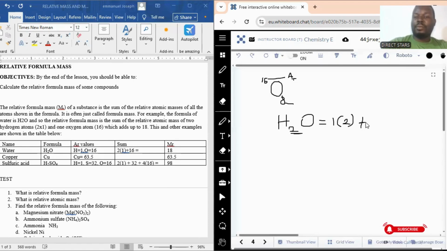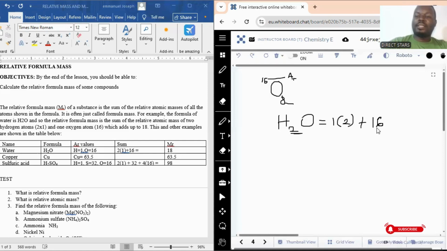Then plus, remember we said the relative formula mass of a substance is the sum, that is the addition, of all the relative atomic masses of the atoms present in the formula. The atoms present here are 2 atoms of hydrogen and 1 atom of oxygen. If you check your periodic table, like we illustrated earlier, the atomic mass for oxygen is 16.